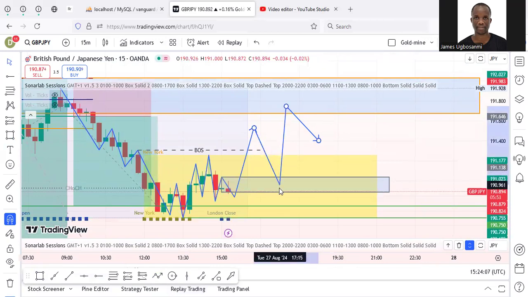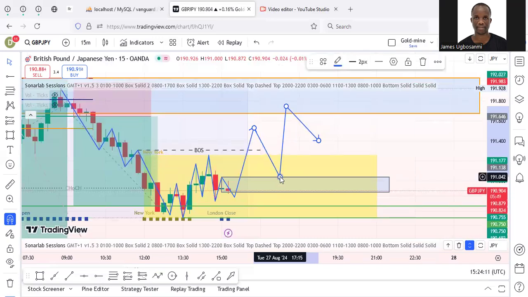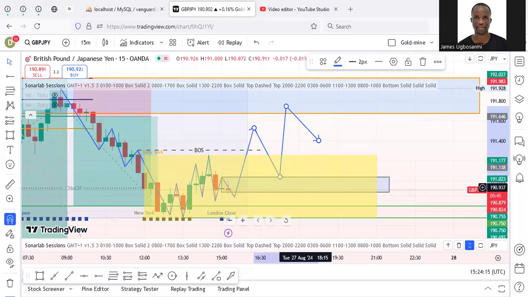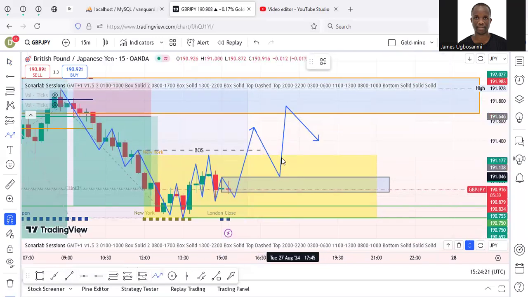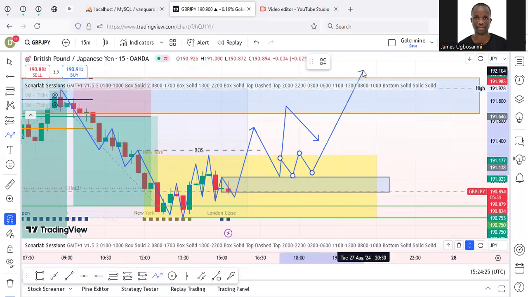It's either here or it comes down like this. When that is formed, I'll wait for other confirmation for me to know whether to go up or come down. If it goes up, then we can just push up like that.